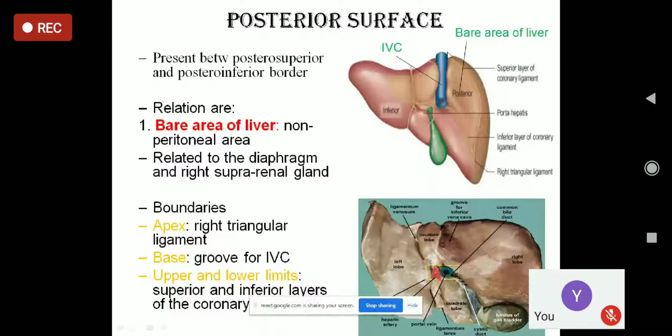The base is formed by the groove for the inferior vena cava. The upper limit is formed by the superior layer of the coronary ligament, and the lower limit by the inferior layer of the coronary ligament. This is the bare area. Look here: upper layer of coronary, inferior layer of coronary, this is the right triangular ligament, this is the groove for the inferior vena cava. Are you clear about the bare area?